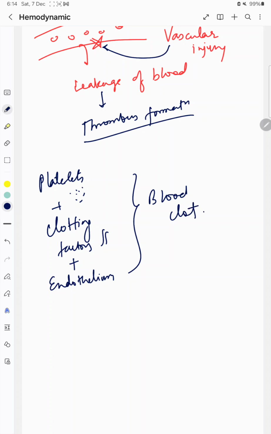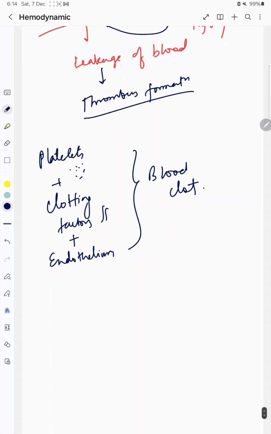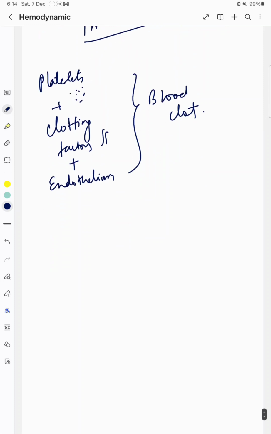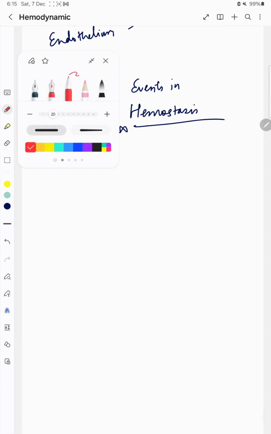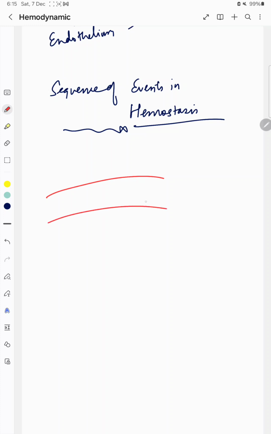Now we will see the sequence of events in hemostasis. First of all, as we have discussed, there is a vascular injury.